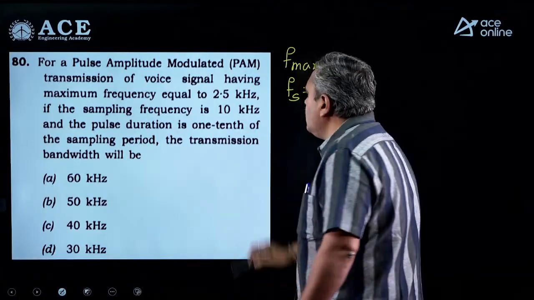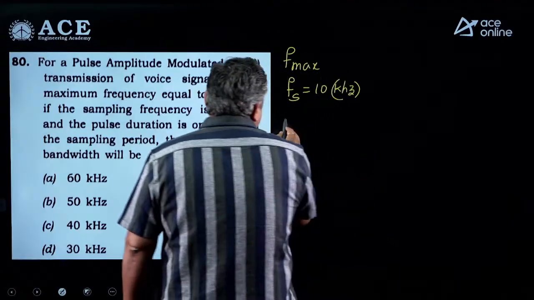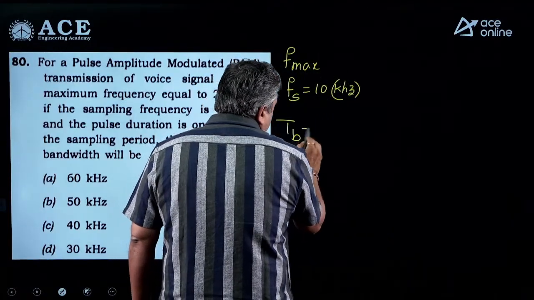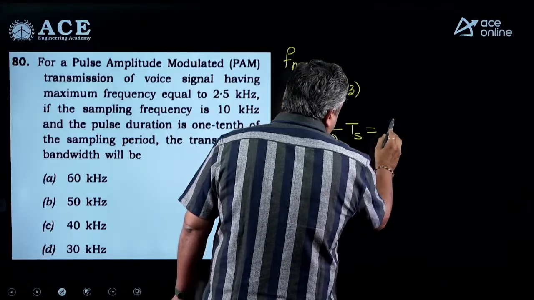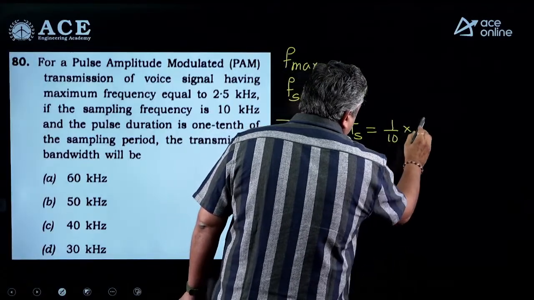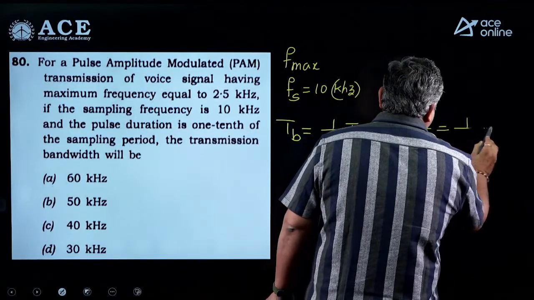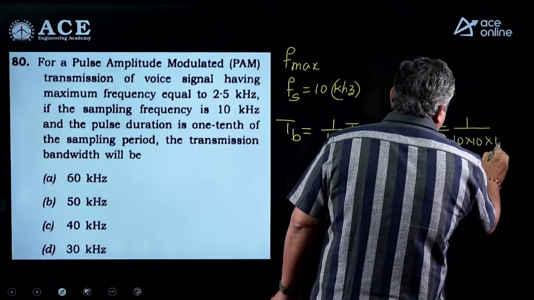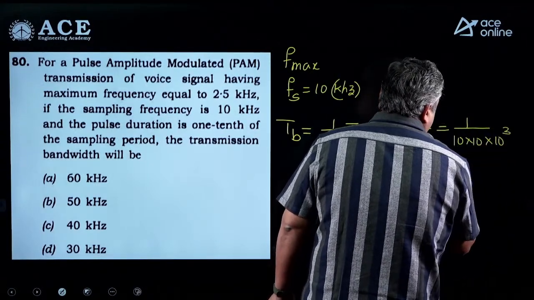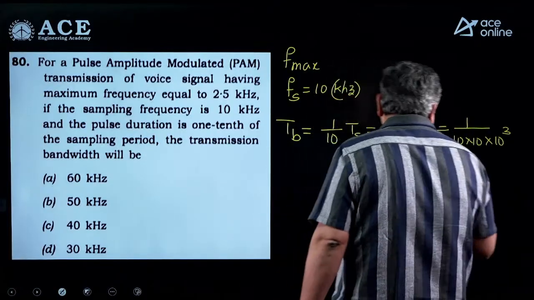And the pulse duration is 1/10 the sampling period, means what? Pulse duration is bit duration, is 1/10 the sampling duration, means 1/10 into 1 by Fs, means you can write this as 1/10 into 10 into 10 cube, means this value becomes 10 to the power of minus 5 approximately, okay, in seconds.